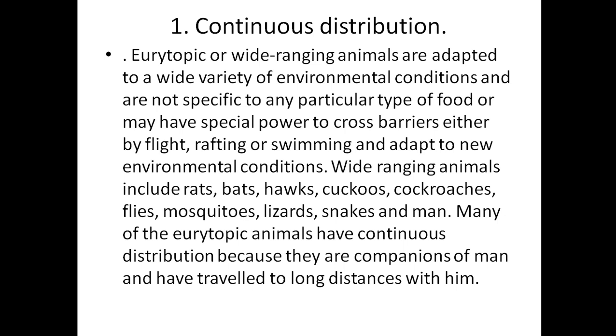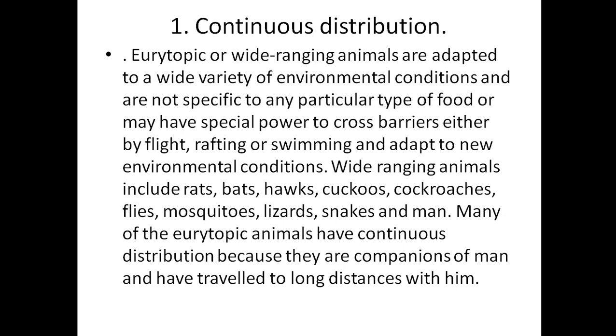To give some examples for continuous distribution: rats, bats, hawks, cuckoos, cockroaches, flies, mosquitoes, lizards, snakes, and more. When we study these organisms, wherever we study the distribution, we say cosmopolitan distribution.